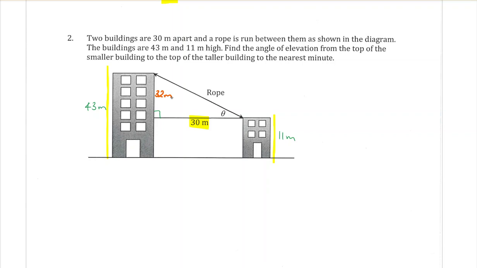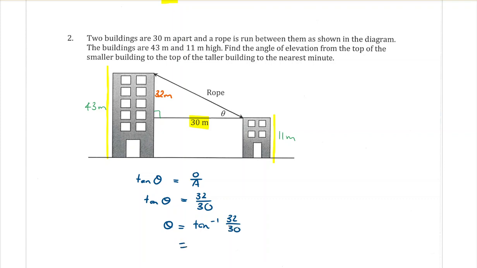Opposite and adjacent. So it's tan again. Tan formula. Tan theta equals opposite over adjacent. This time I'm trying to find the theta. So it will be an inverse, yes. The opposite is 32. The adjacent is 30. So to get that theta, anytime you're finding an angle, you're typing in inverse tan into your calculator.